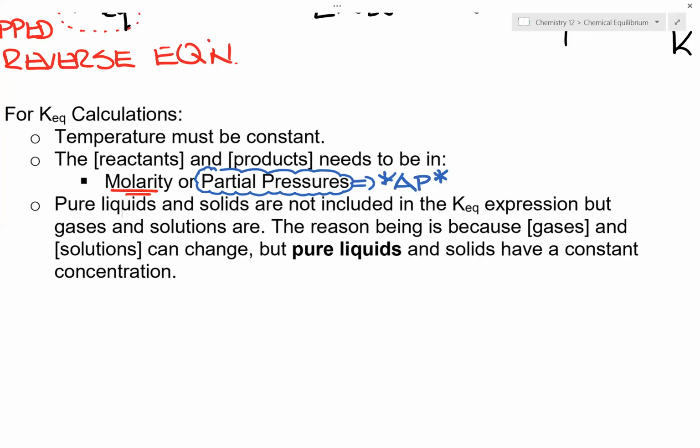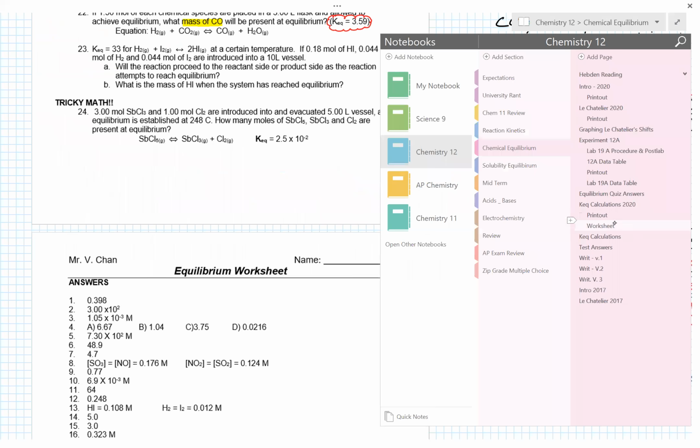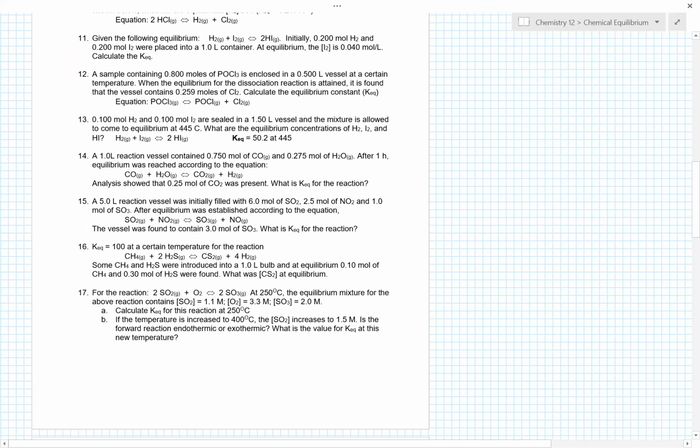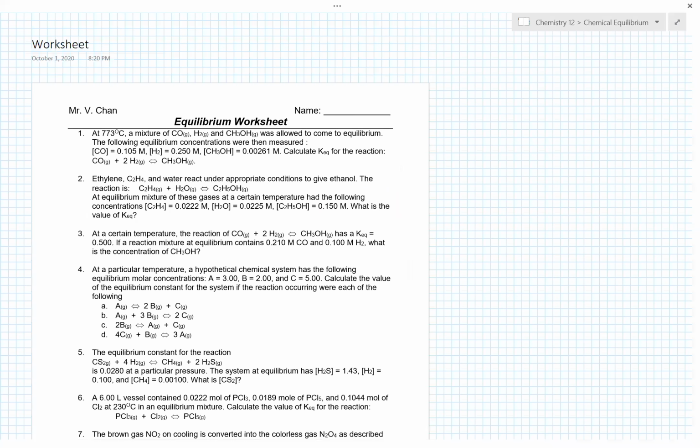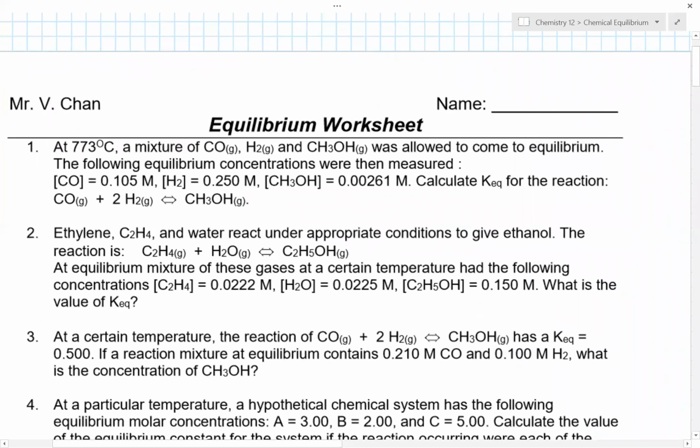All right, now let me give you an example from the worksheet. All of you should have the worksheet. Let me give you an example from worksheet number 1. It says at 773 degrees Celsius, a mixture of CO, H2, and CH3OH was allowed to come to equilibrium, and the equilibrium concentrations were then measured.